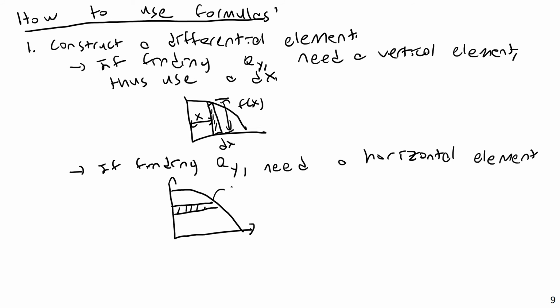This would be your dA. And so if finding qx, you need a horizontal element, and you would be measuring a y-coordinate from the center of mass here. The distance from the x-axis is measured in y.